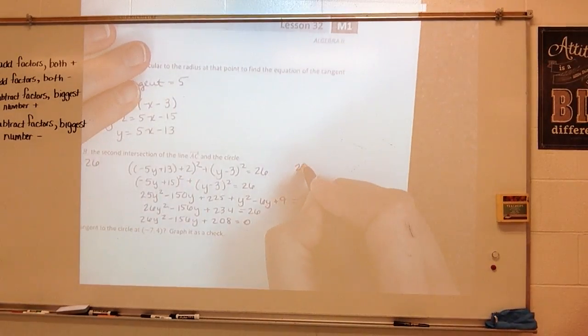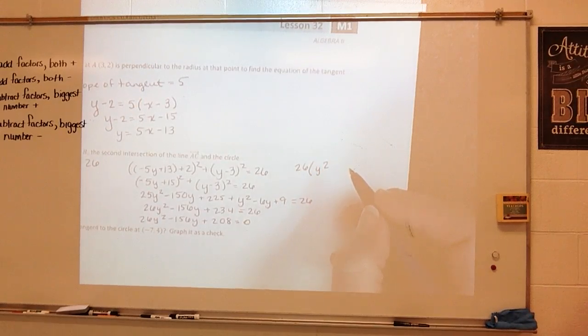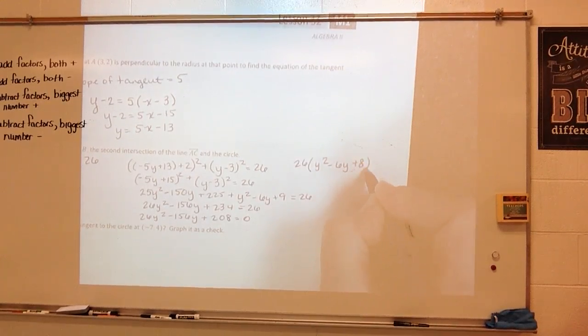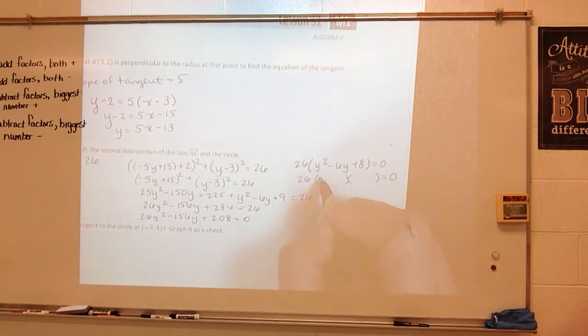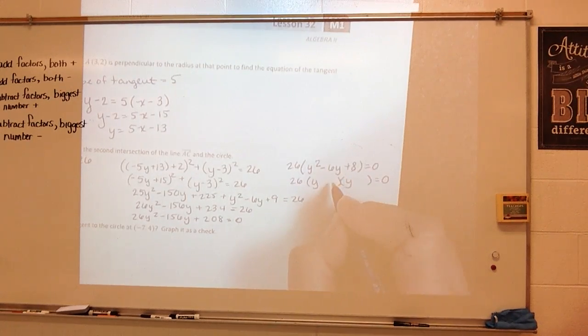I would take out 26, and that gives me y squared minus 6y, let's see, 208 divided by 26, plus 8 is equal to 0. So much simpler in factoring. y and y, 4 and 2.